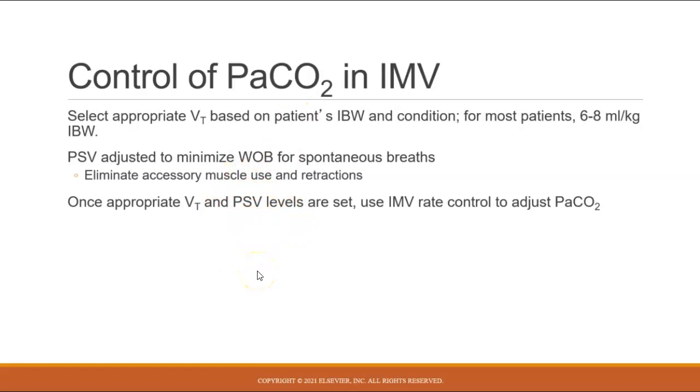If those volumes fall below 4 milliliters per kilogram, I would increase my pressure support to get those volumes a little bit higher so my patient doesn't have such a high work of breathing. Once I've set that pressure support to achieve those volumes somewhere between 4 to 8 milliliters per kilogram, then I'm going to just increase or decrease the set rate to adjust the PaCO2.